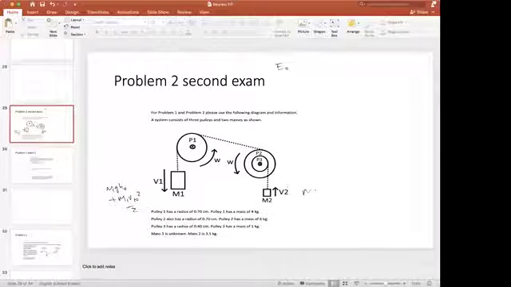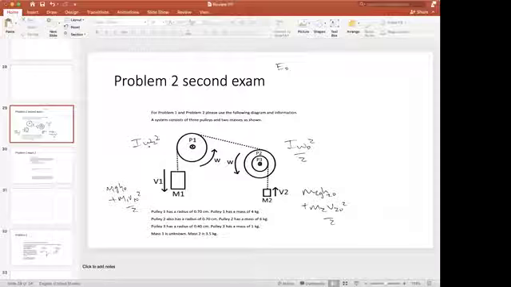This guy has m2 g h2 initial, and I really should put a 1 initial over here, plus m2 v2 initial squared over 2. And each of these pulleys has I omega initial squared over 2.